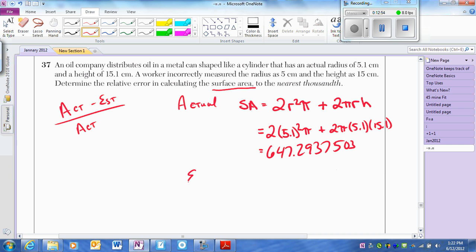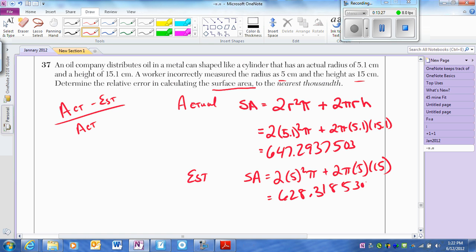Now let's find the estimated. Estimated, we got 5 and 15, so that's going to be 2 times 5 squared pi plus 2 pi 5 times 15, which is 628.3185307. So now I got to put these into my formula.